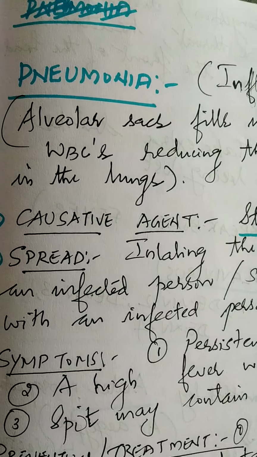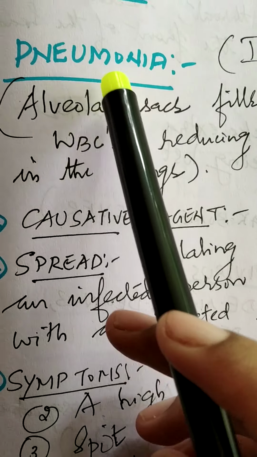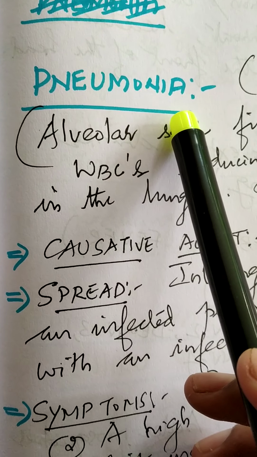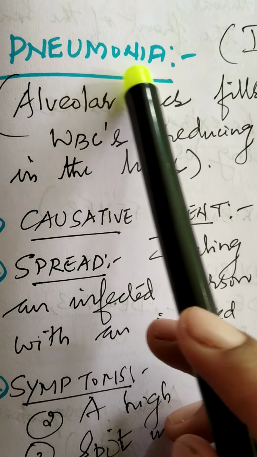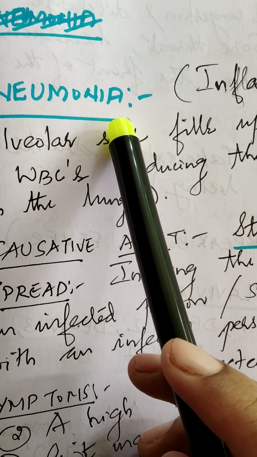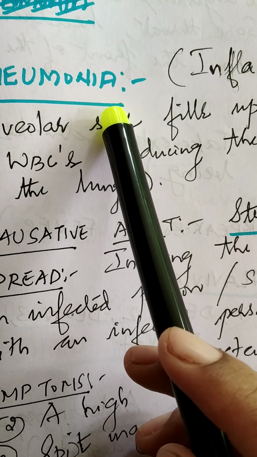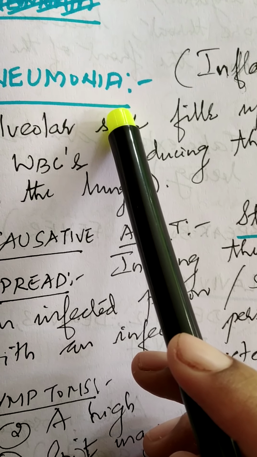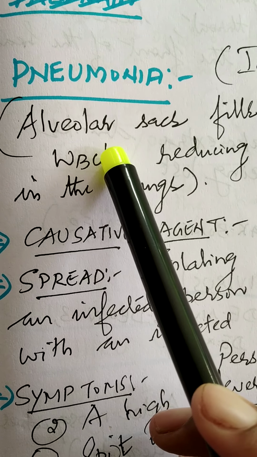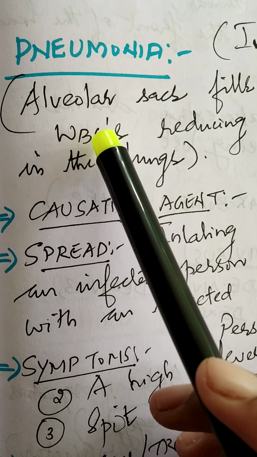Moving on to the next disease under the category of bacterial diseases, that is pneumonia. We know this mainly affects our lungs. What happens in pneumonia is that the alveoli are the structural and functional units of the lungs, where the gaseous exchange happens. That is, the oxygen and carbon dioxide are being exchanged in the alveolus or the alveolar sacs.